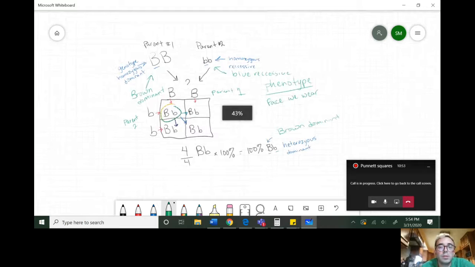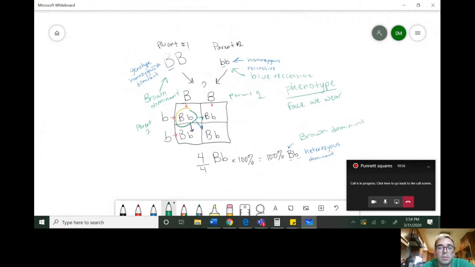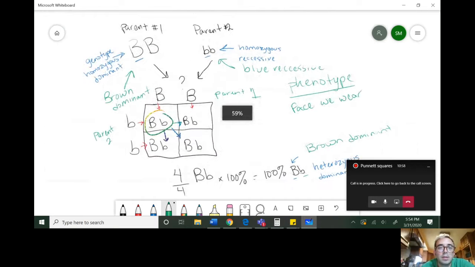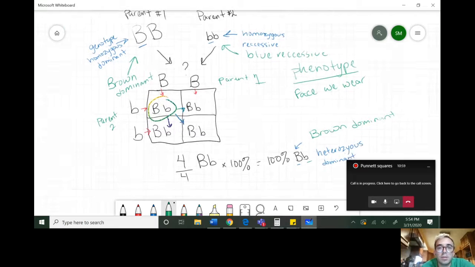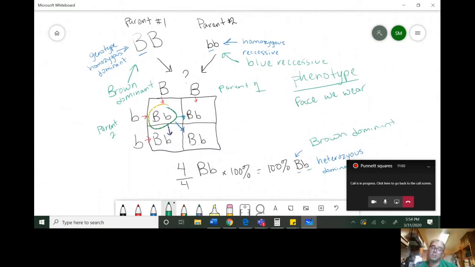Now, there are exceptions to the rule. Science has taught us that there's almost always exceptions or differences in the rules, but this is your basis. This is going to be your base for utilizing Punnett squares in figuring out phenotypes and genotypes if you're given two parents with different genotypes.